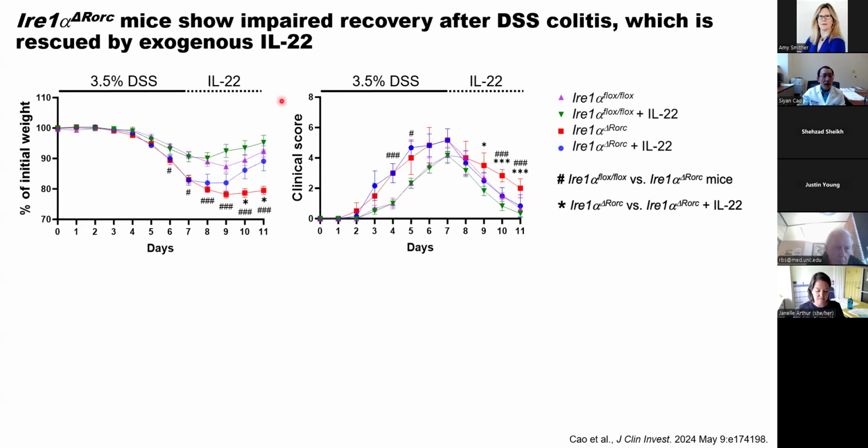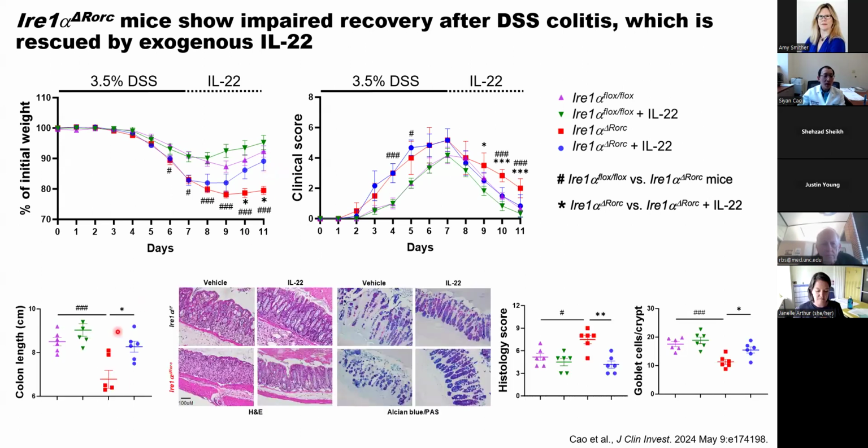However, after I gave them an injection of IL-22, there's a significant improvement in terms of weight change, as shown by those blue dots, suggesting that IL-22 plays an important role in recovery from the disease in this model. And I also looked at the colon length as well as the histology scores, which show consistent results.